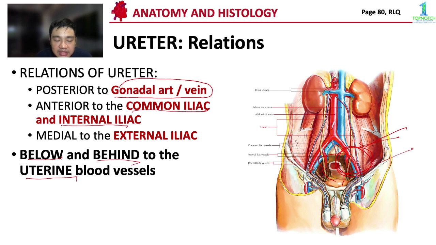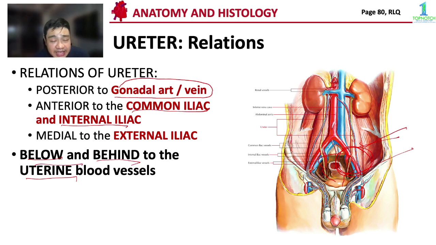So again, what is its clinical implication, para hindi nyo makalimutan? When you do your hysterectomies, yung mga tabiso, our OB-GYN friends are very worried that they might injure the ureter. Okay? Because of this relationship.